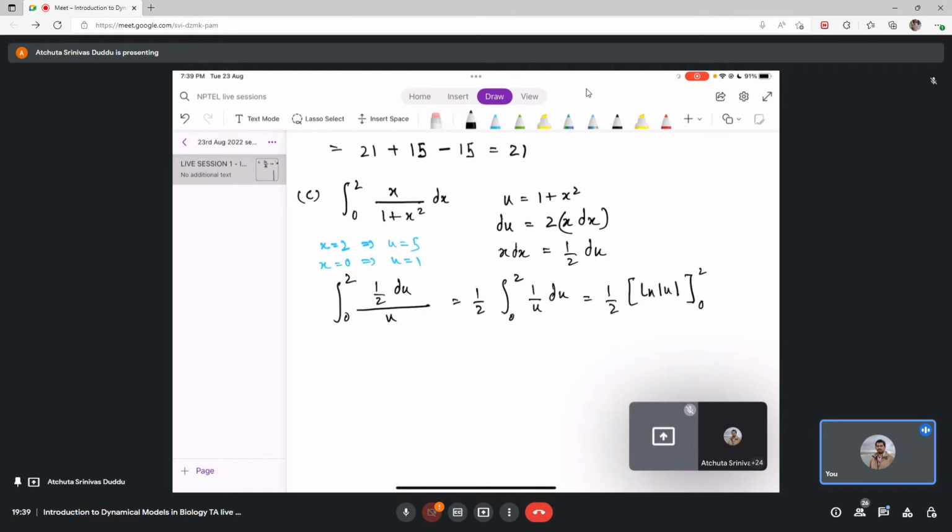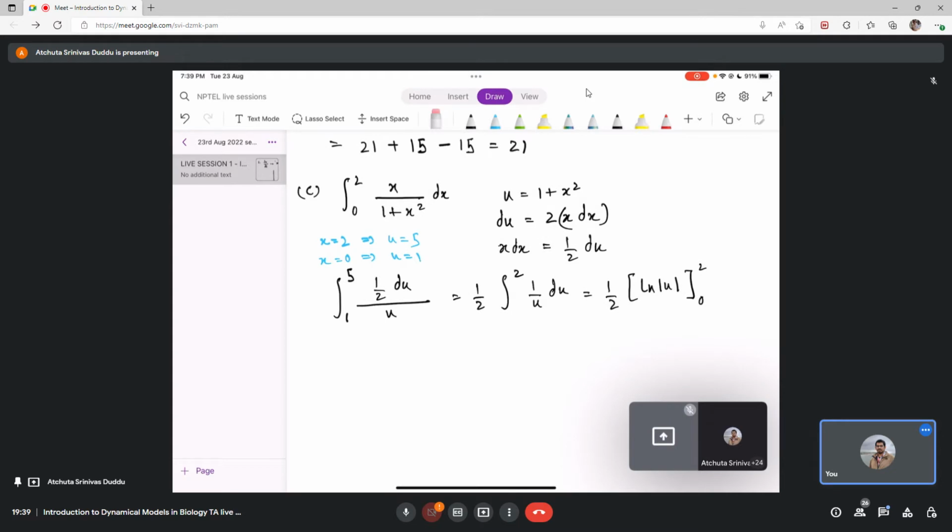So these limits would have to change from 0 to 2 to 1 to 5.